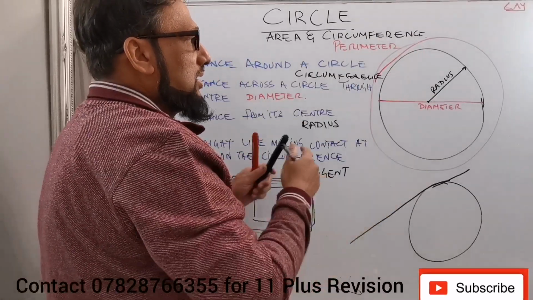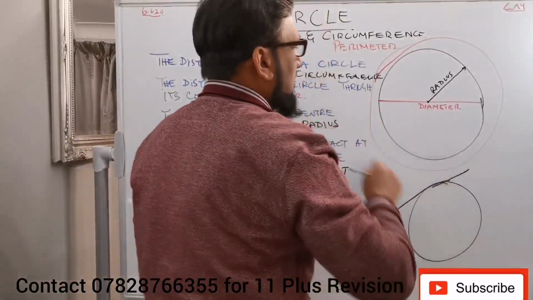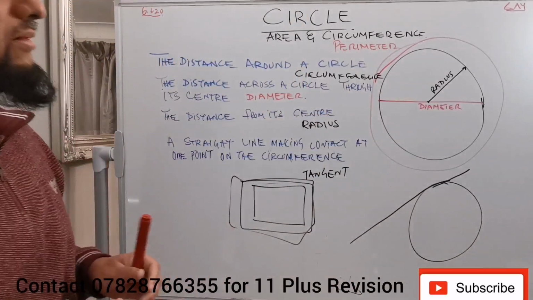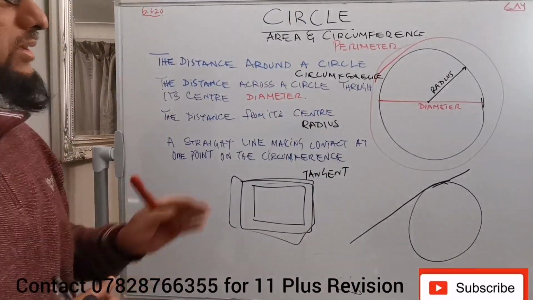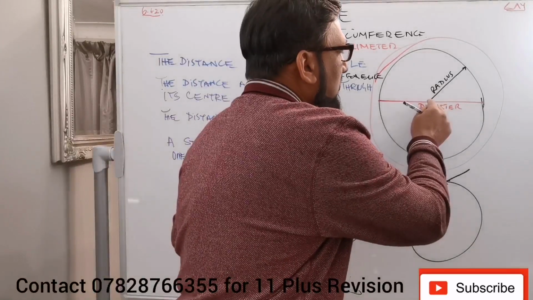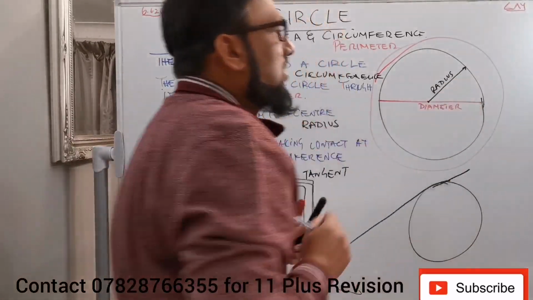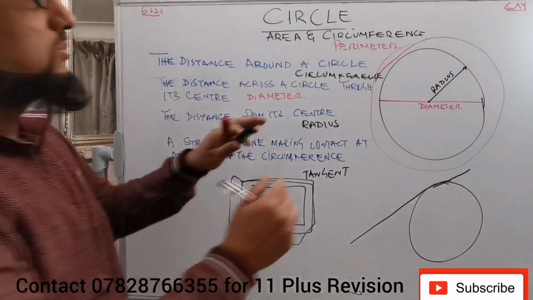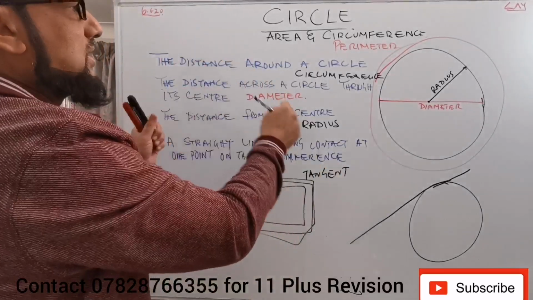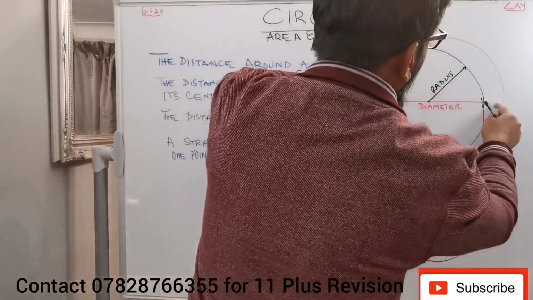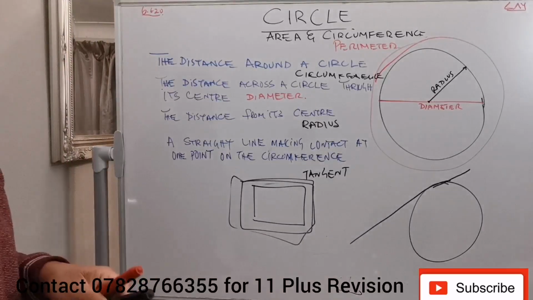Circumference is the distance around the circle, the radius is from the center point to the circle, and diameter is the distance across the circle from here to there.